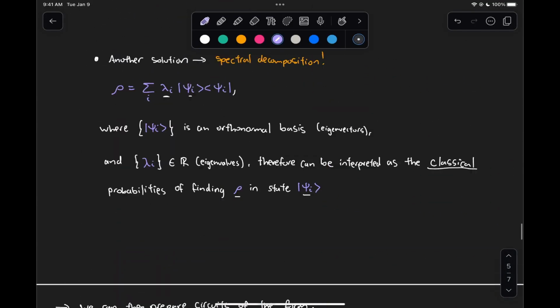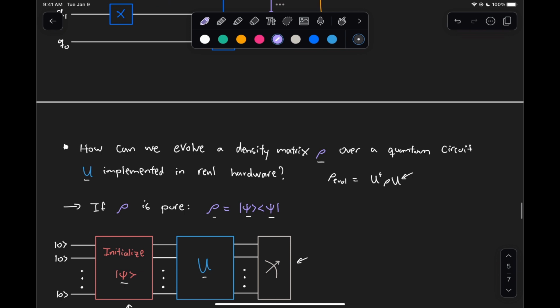As we described above, all that is going to happen is we're going to get an evolved density matrix where we're multiplying by the transpose conjugate of that circuit. So this QC has a U associated with it, and then rho, and then that U again. So this is the ideal scenario.